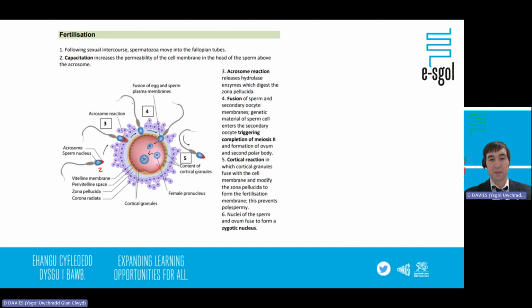As those two join together, what happens then is the cortical reaction. Remember the cortical granules we were just talking about? These fuse with the cell membrane and change the structure of the zona pellucida, which prevents any more sperm entering. Students often ask, what if two sperm go in at once? That isn't possible.